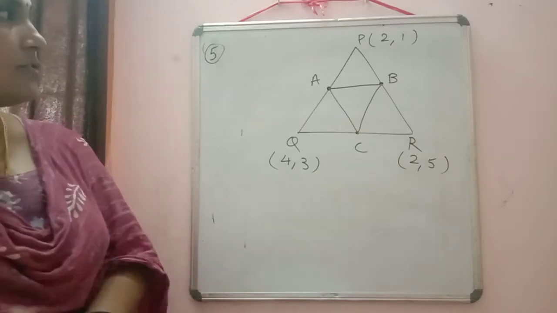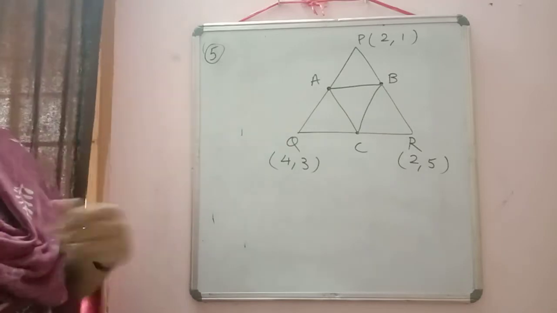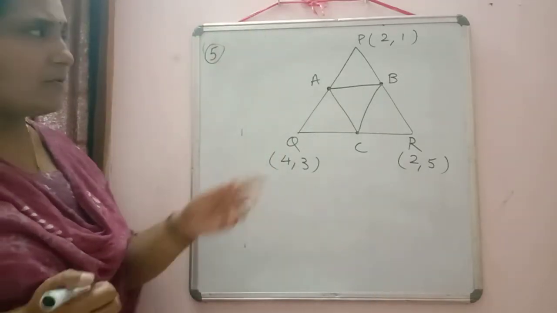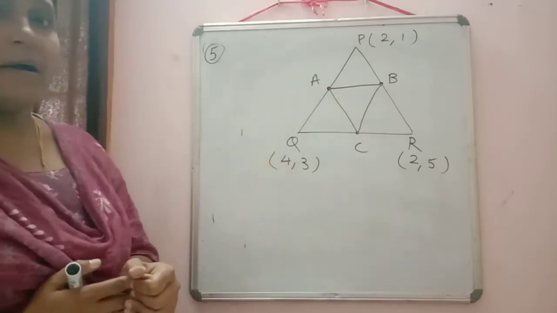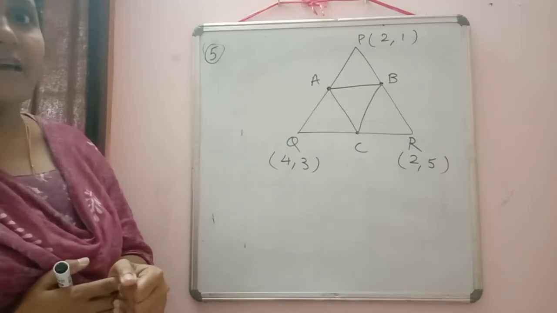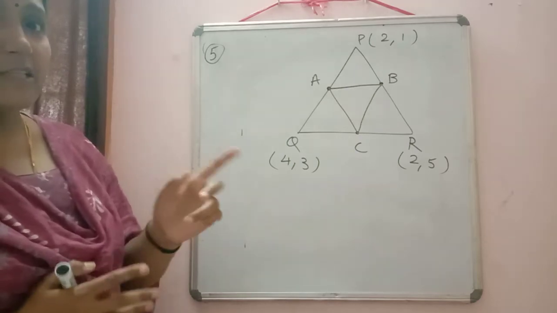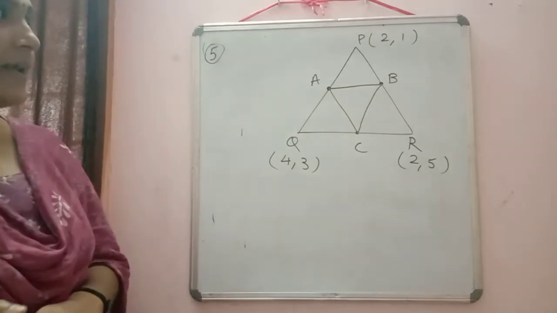So first we should know the coordinates of these midpoints. How will we get the coordinate of A? A is the midpoint of PQ. If A is the midpoint of PQ, we can use the formula (x1 plus x2) by 2, similarly (y1 plus y2) by 2.